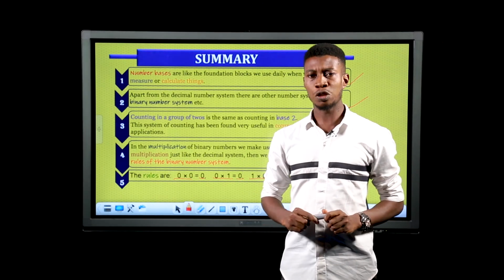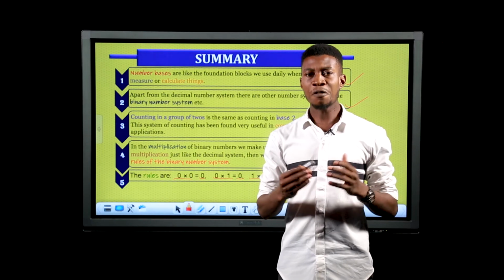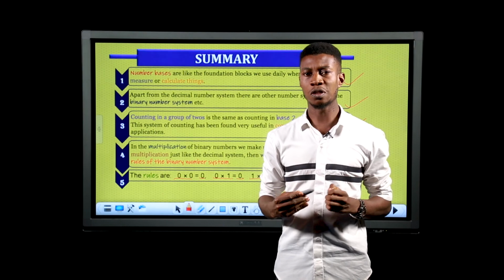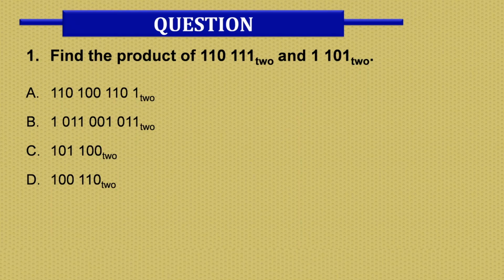Having learnt this much in this lesson, let me find out how well you understood today's lesson with some questions. Try out these questions. Question 1 says, find the product of 110111 and 1101, all in base 2.